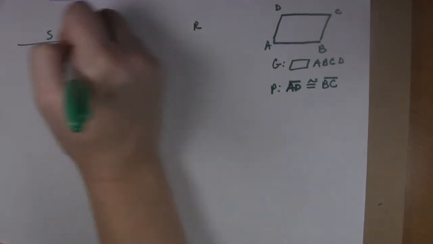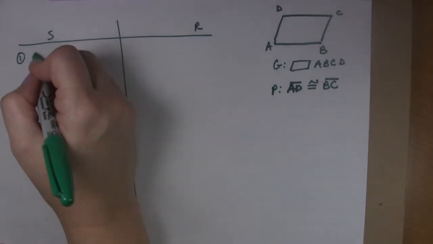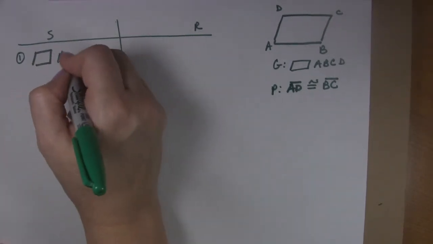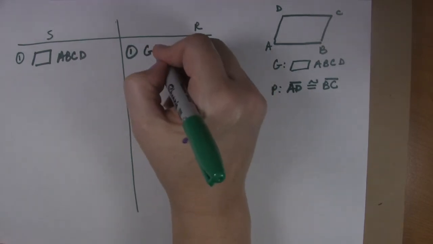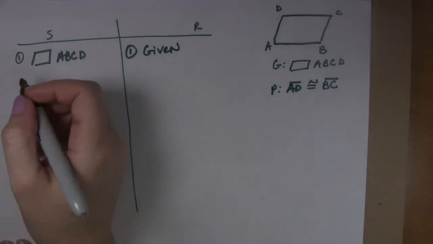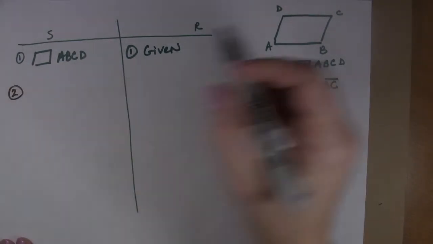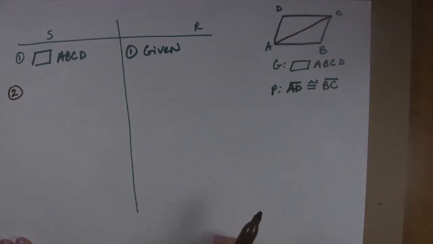So here's statement and reason. So the first thing that we know is that we have parallelogram ABCD, and that is our given. Okay, the second thing that we know is that we can draw that line, right?